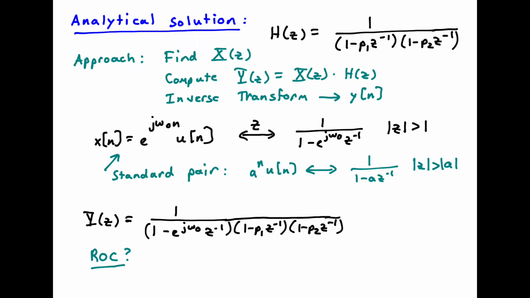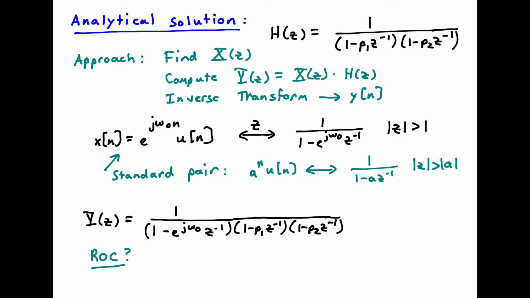So in this case, a is simply e to the j omega 0, right? And so this transform just becomes 1 over 1 minus e to the j omega 0 z inverse, where the magnitude of z is greater than 1, because the magnitude of e to the j omega 0 is equal to 1. So the magnitude of our a in this case is equal to 1.